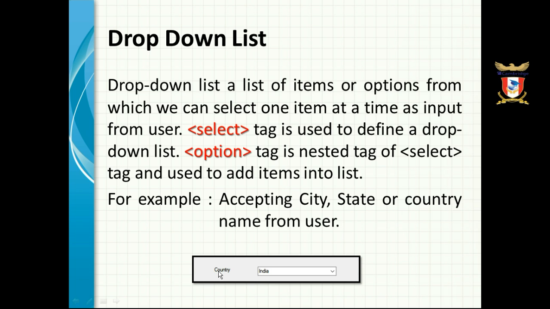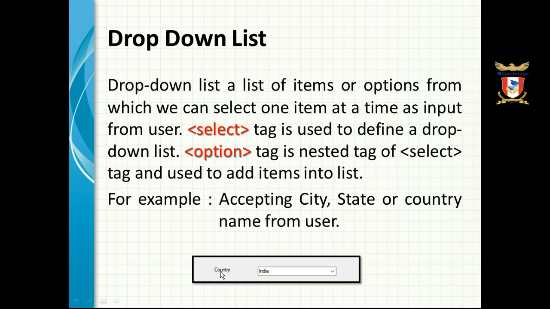For example, if you want to accept city, state, or country name from user, then you can use drop-down list. Instead of giving option to user to type the country name or city name, you can give him or her option to select from the given options.